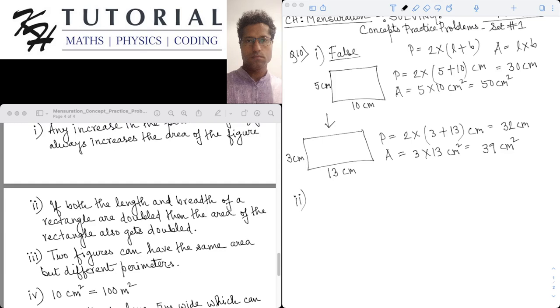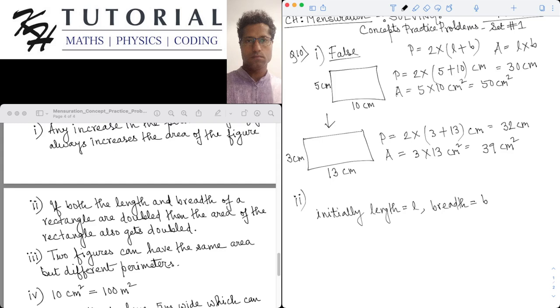So let's say initially, now I don't know whether it will be true or false. So let's say initially the length is L and the breadth is B. I'm not taking any particular unit, so you can consider them as L units and B units.